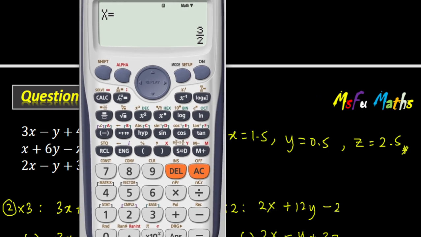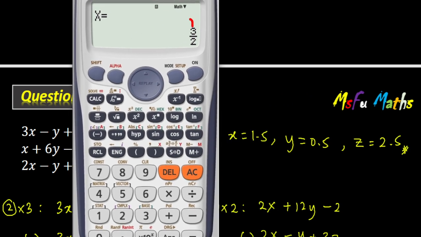Hopefully it's right. Yeah, your x here is 3/2. You can convert it to decimal. You press equals again. What you get is your y, which is 0.5. Then press equals again, and it will give you your z value, which is 5/2.